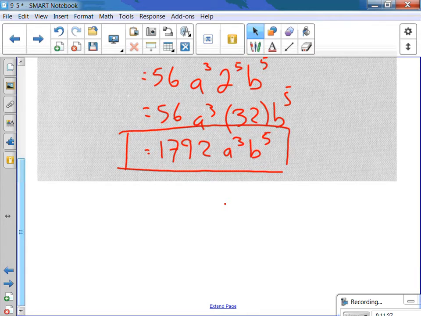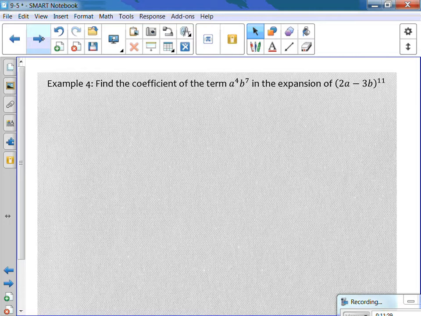Here we want to find the coefficient of the term a to the fourth, b to the seventh, in the expansion of 2a minus 3b to the 11th. So here we're looking for that seventh term. Again, this right here tells us what term we're looking for, that seventh term.